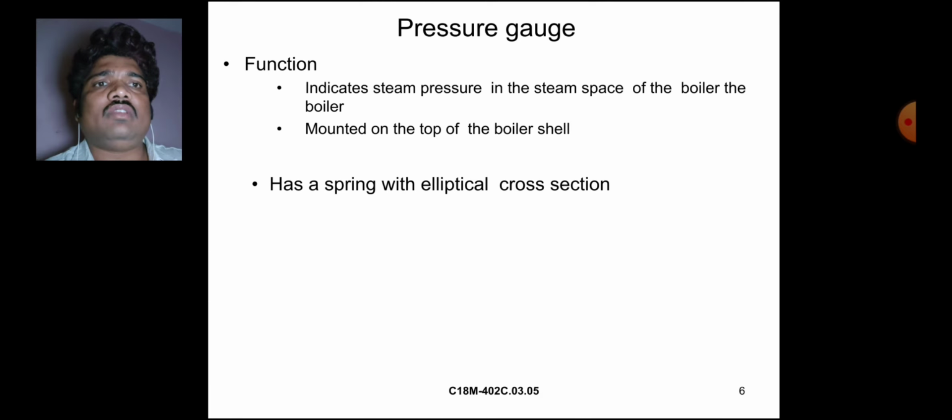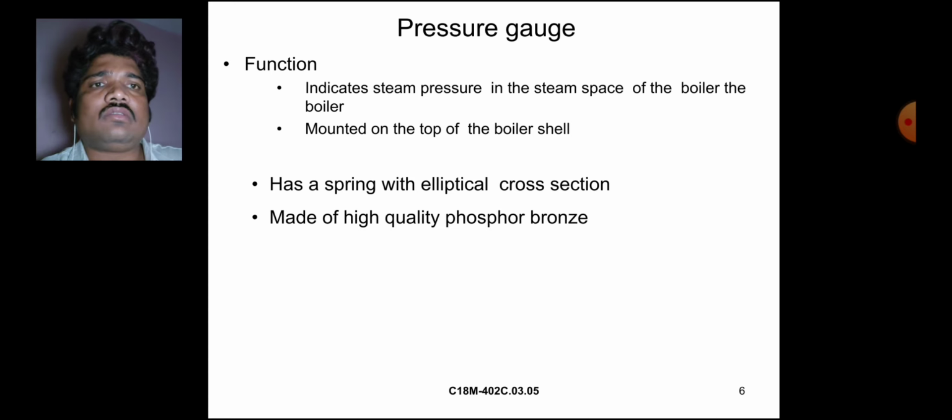The pressure gauge has a spring with elliptical cross section, made of high quality phosphor bronze. One end is closed and attached to the quadrant.